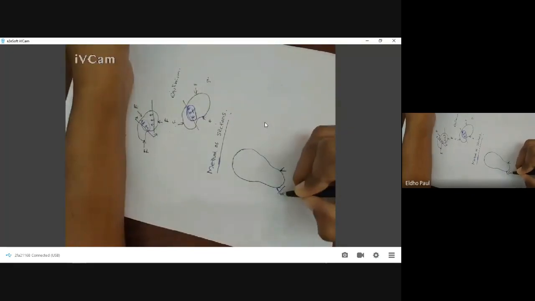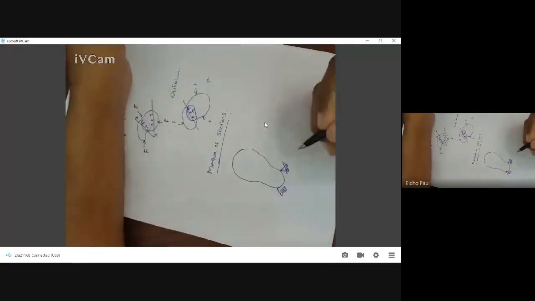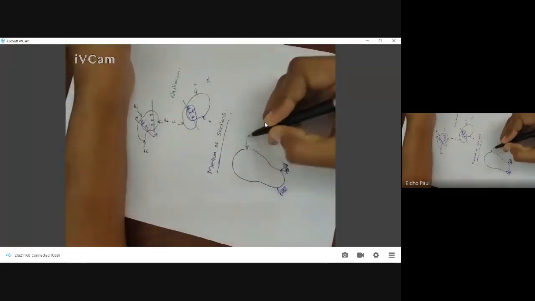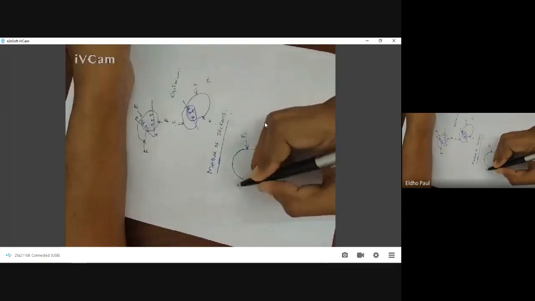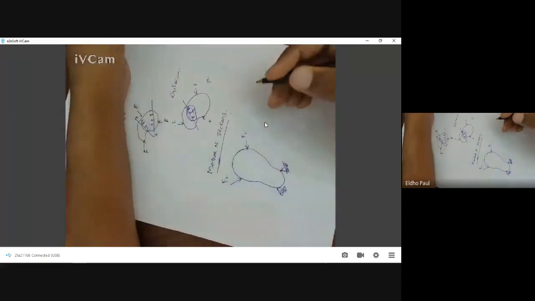These are two roller supports. Here this body is subjected to two external forces, F1 and F2.